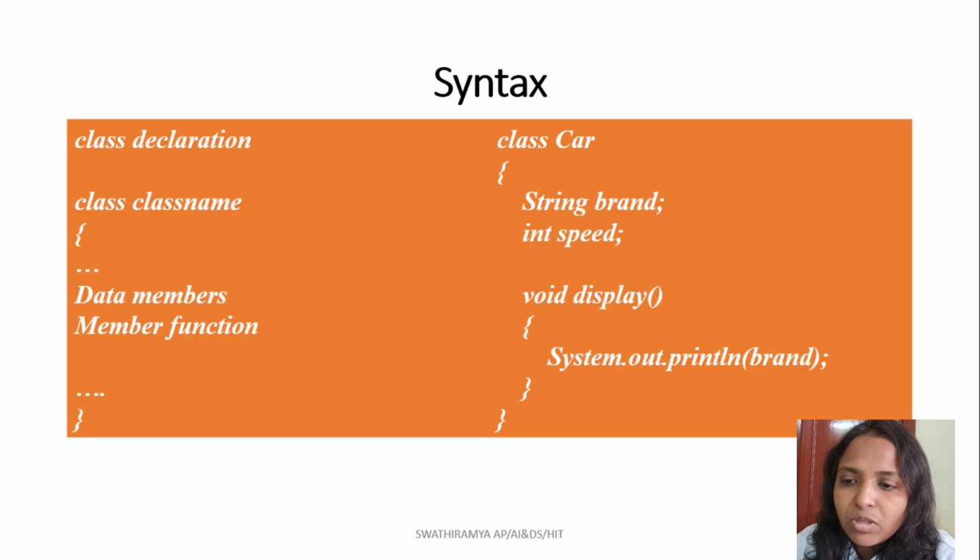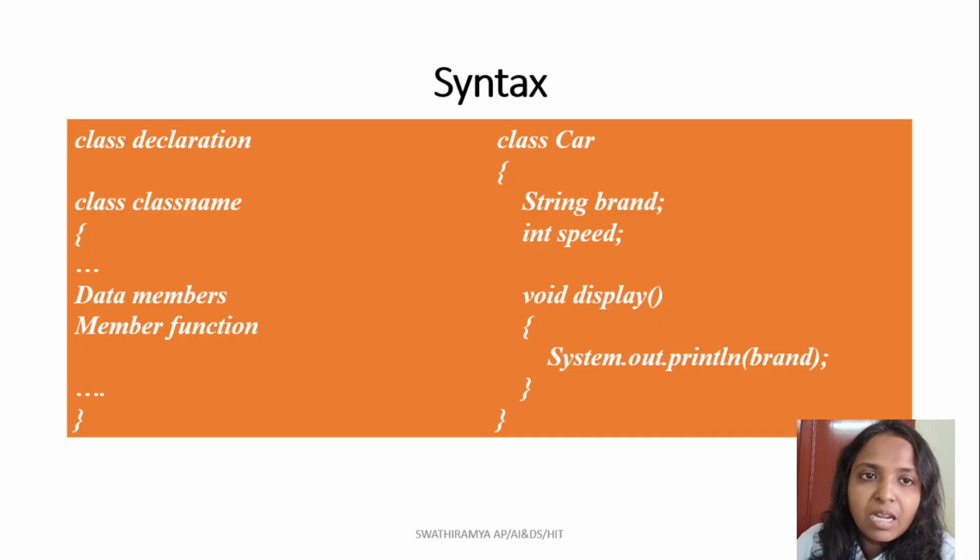When you enter into the class, you have the data member declarations. I have given two data members here. One is brand, another one is speed. Brand is the brand of the car. It will be a string, so I have declared the data type using String, and the name of the data is brand. Another property is speed.